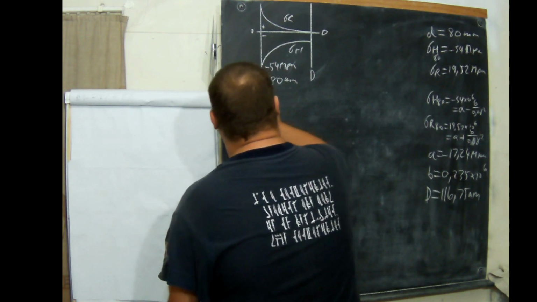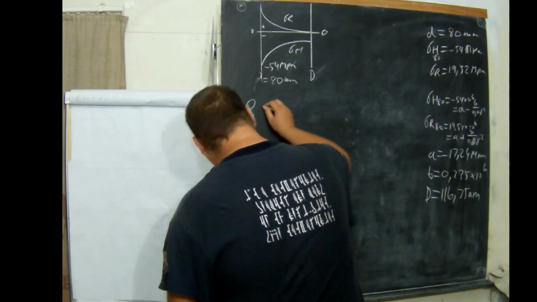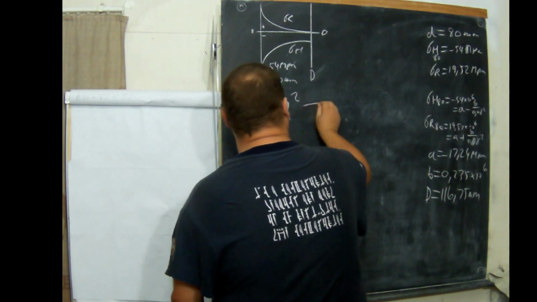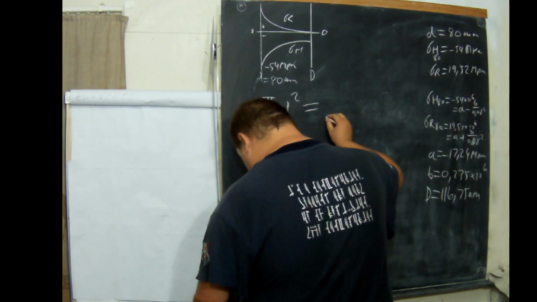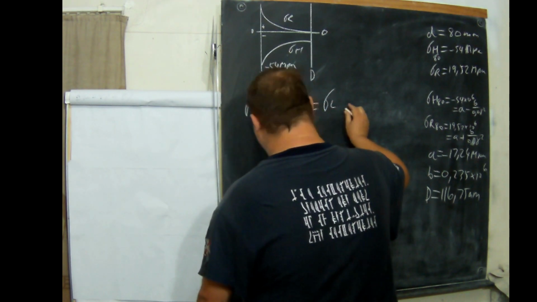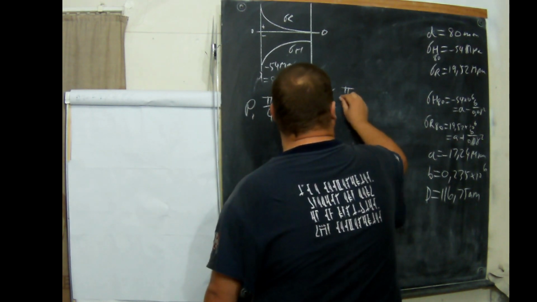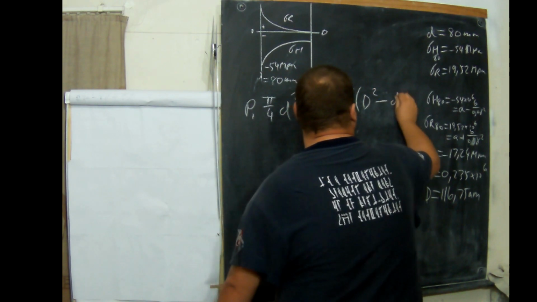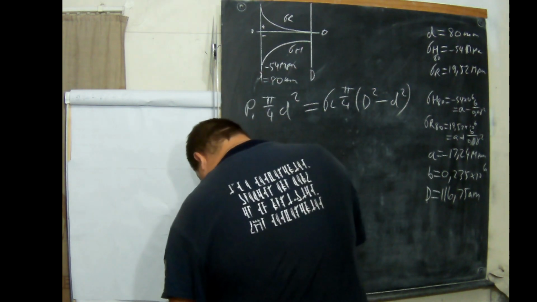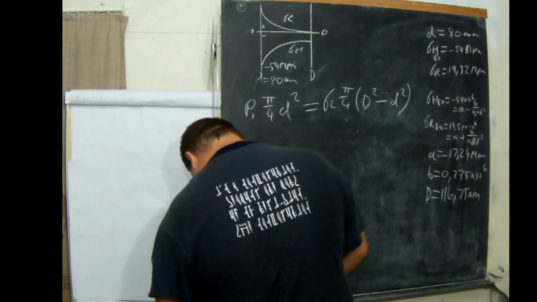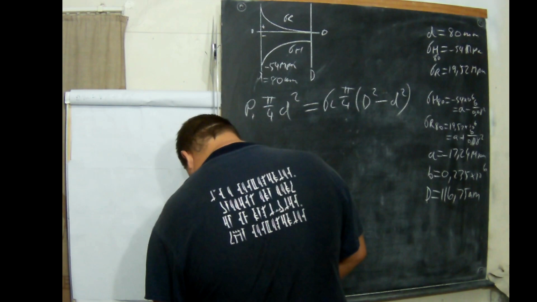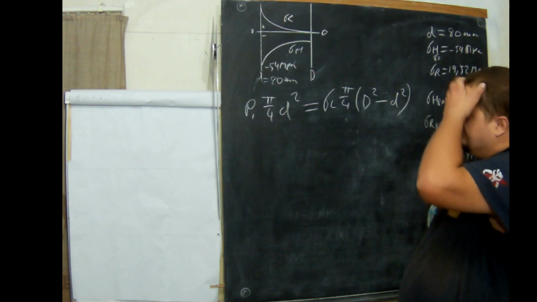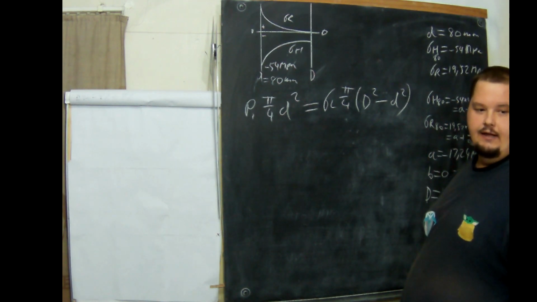Pressure internal, pi over 4 d squared is equal to stress longitudinal times pi over 4 d squared minus d squared. Okay, let's make this as simple as we possibly can.